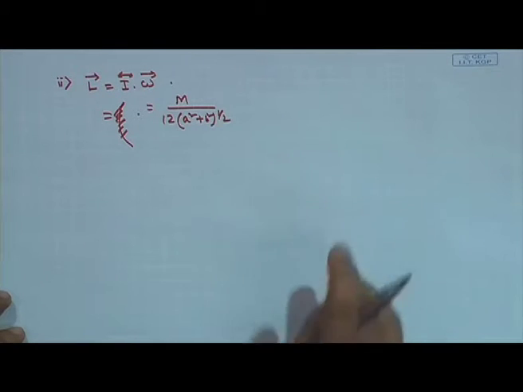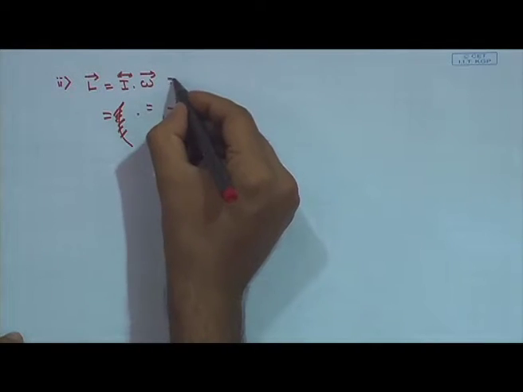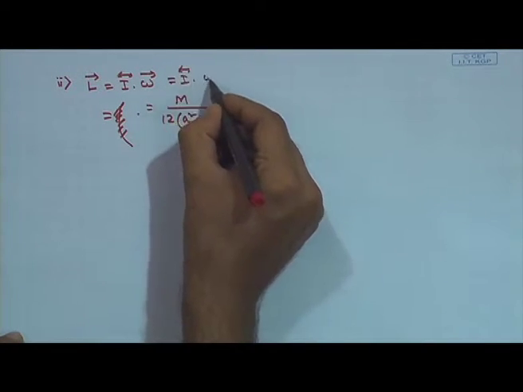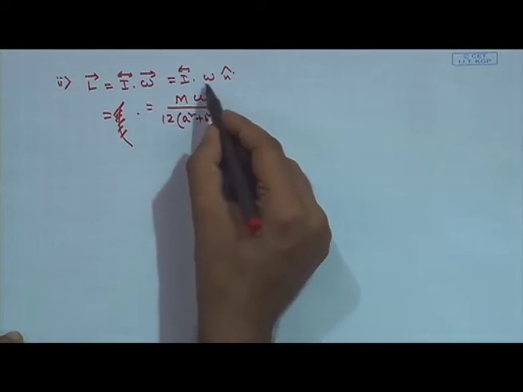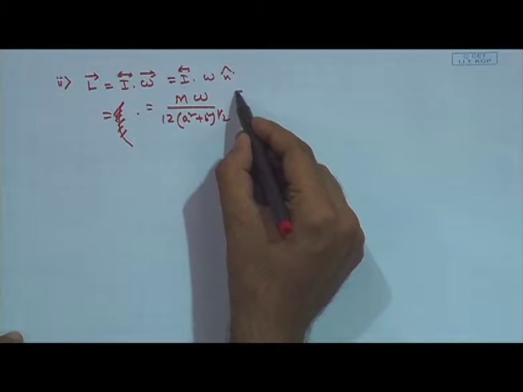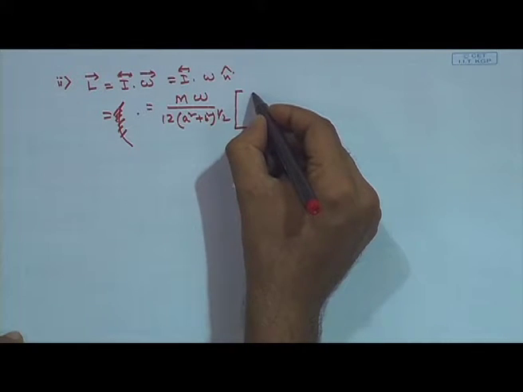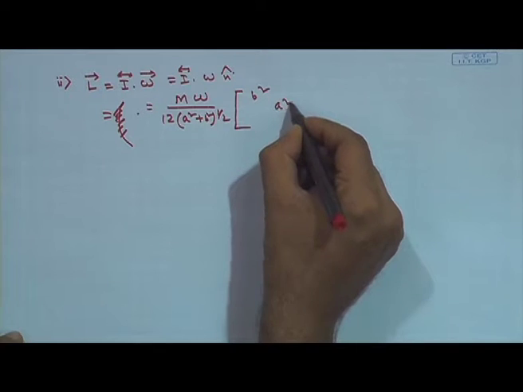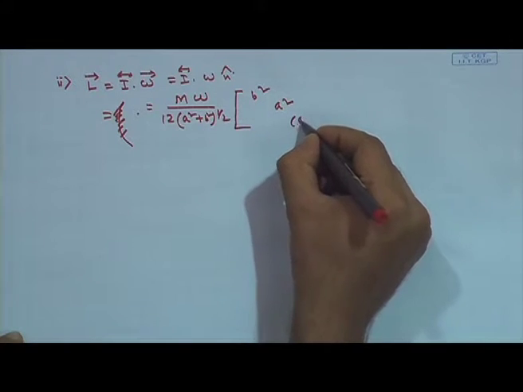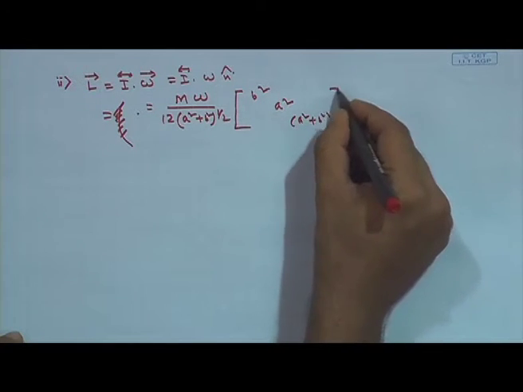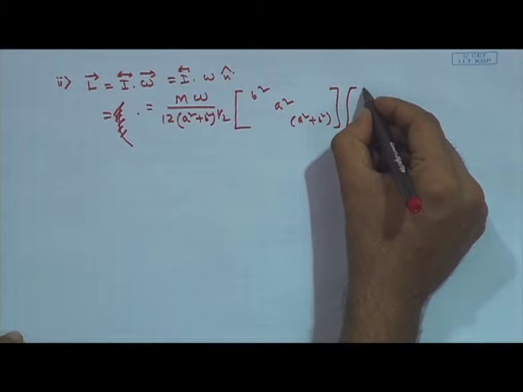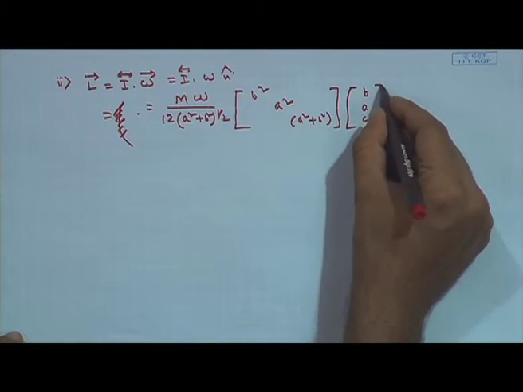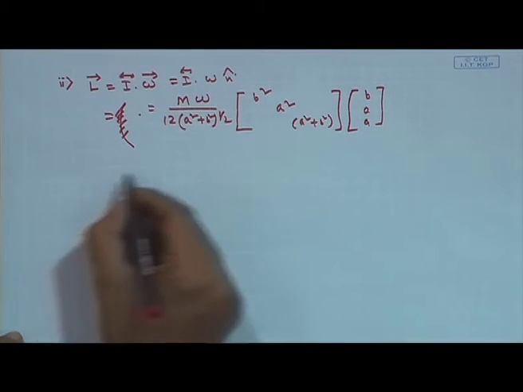Now this half will survive because this is nothing but I omega n capped, and there will be an omega coming up here. And we have the matrix with b square, a square plus b square, and for n we write simply b a 0, right.